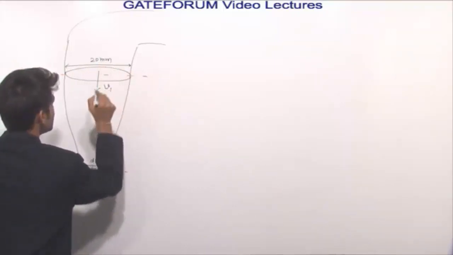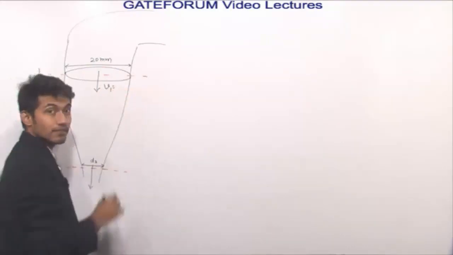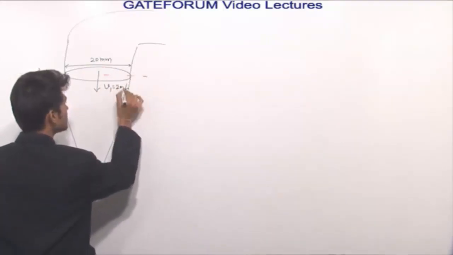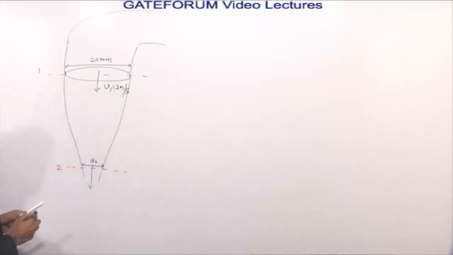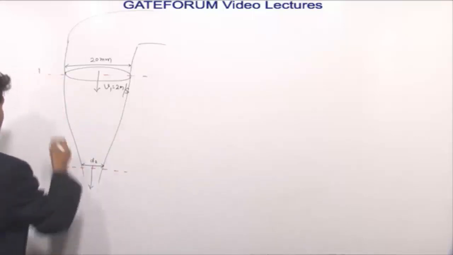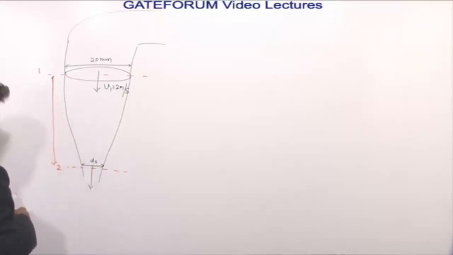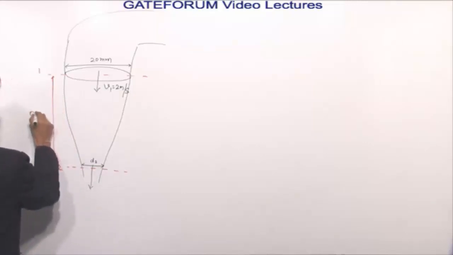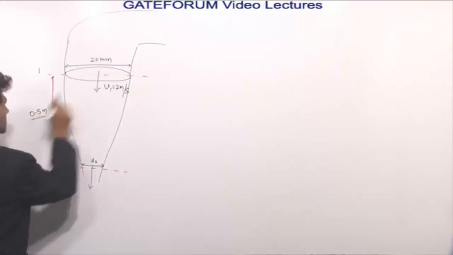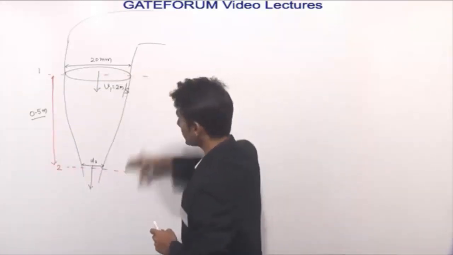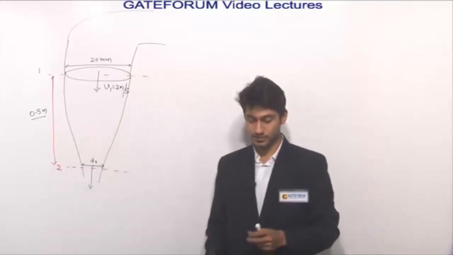The velocity V1 is given as 2 meter per second. One more thing, the location of point 2 is 0.5 meter below the tap opening. So from point 1 to point 2 the vertical distance is 0.5 meter.